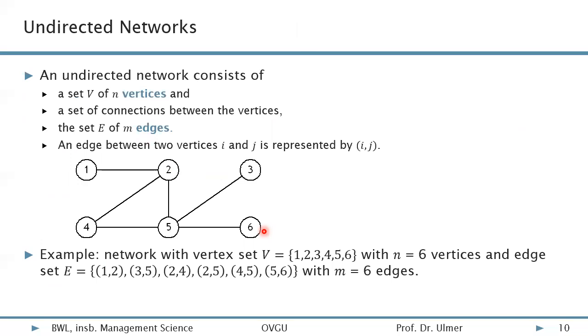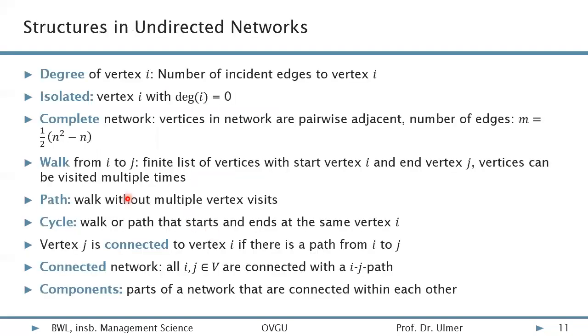A more limited version is the path, a walk without multiple vertex visits, where we are allowed to visit each vertex at most once. We're usually searching for a path, because if we visit some vertices more than once, it is potentially more costly than visiting them only once.